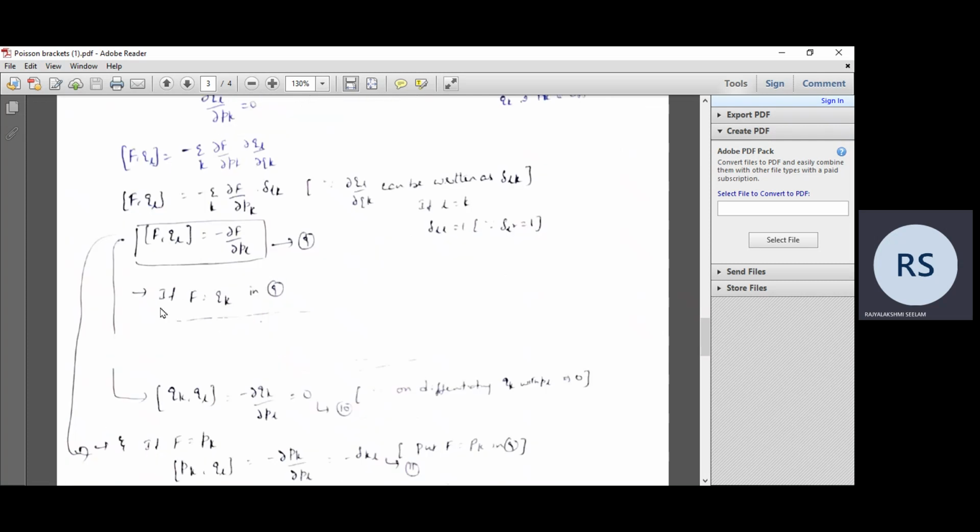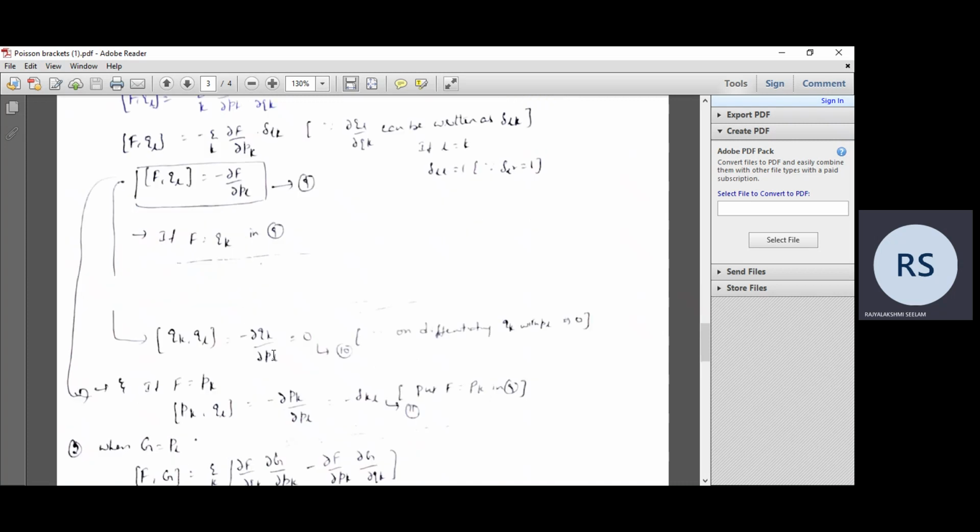equation number 9. Now, if we replace f with qk in equation number 9, so if f equals qk, we obtain {qk, ql} equals minus ∂qk/∂pl. On differentiating, this becomes 0. So {qk, ql} equals 0.